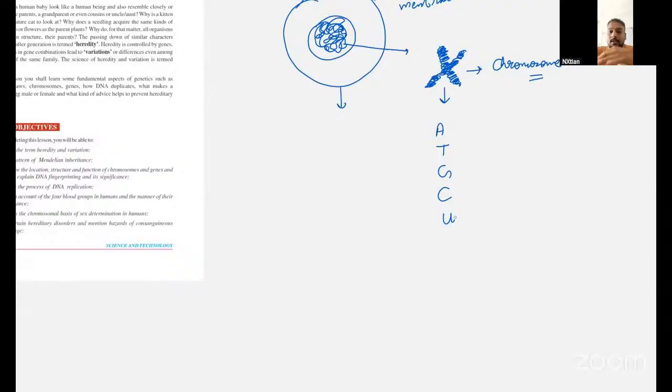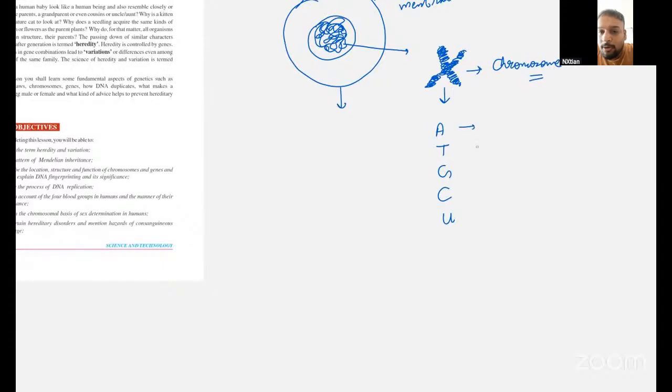Now, for example, everyone please pay attention. Don't write it. There's nothing to write in this. Now we have this series of bases like ATGCU in the parent's DNA. When the DNA is about to divide, the copying will be there, because DNA will go to the daughter cells also. In that copying, the copy is never ever perfect.